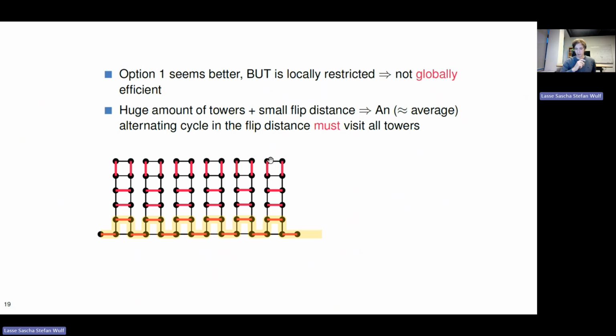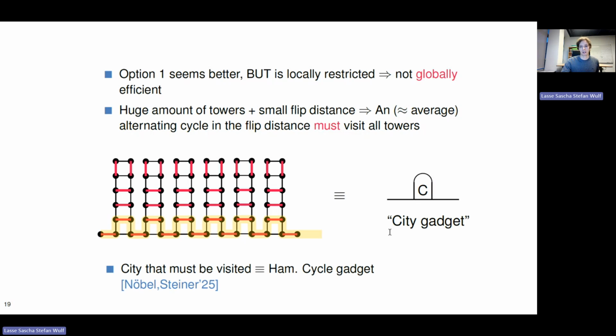And they argued that if you have a huge amount of towers, but set the desired flip distance, which you're testing for, to be small, this means that an average alternating cycle in the flip distance must visit all towers. Basically because the cycle has to be globally efficient. If it would flip only a single tower, it's only locally efficient. But because we have such a huge amount of towers, this will waste resources, right?